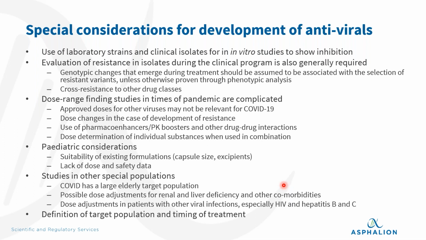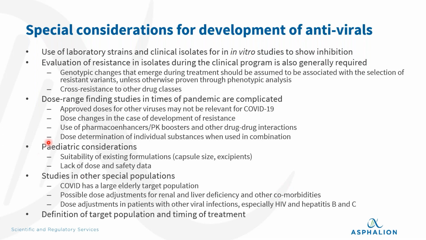Also, there is usually a requirement that resistance is examined during the clinical program, because that's obviously a concern. And even in acute cases of influenza treatment, that has been observed. And in some cases, for example hospitalized patients, the treatment can go on for up to 2 weeks, which may be sufficient time to cause the emergence of resistance changes.